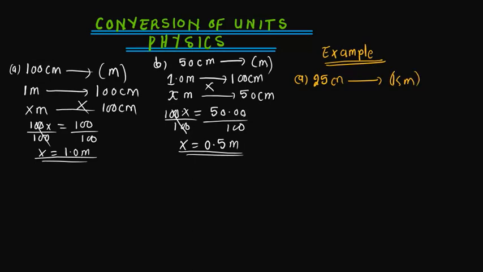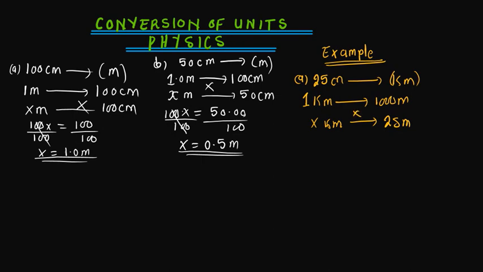Well, we know that according to our conversion factor, 1 kilometer is equivalent to 1,000 meters. Therefore, x kilometers is going to equal 25 meters.